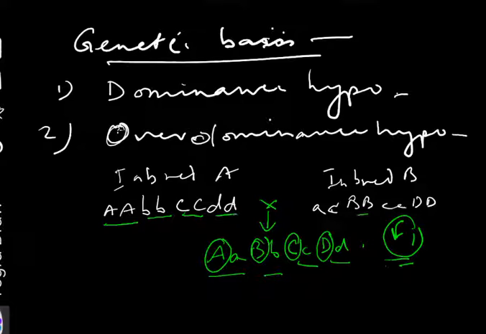The opposite is true for inbred line B. So even though these two are dominant and will be expressing more, the other genes will be expressing less because both of them are recessive. But in the hybrid, since we know that a dominant gene masks the character of a recessive gene, all the genes will express at an equally high level, and so the yield will be greater. That is called the dominance hypothesis.